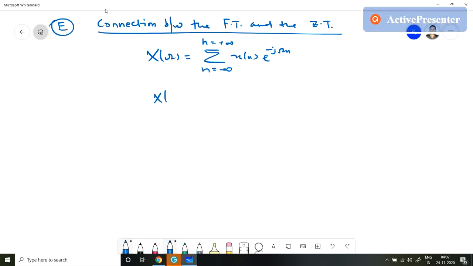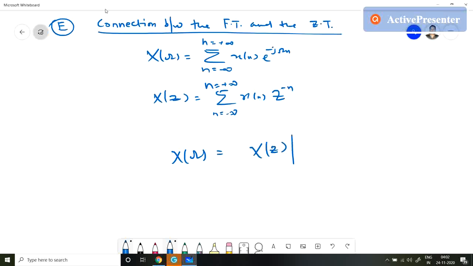The Z transform X(z) is the summation n equals minus infinity to plus infinity of x[n] z raised to the power minus n. X(Ω) is related to the Z transform X(z) when z is equal to e raised to the power jΩ. If we put z equal to e raised to the power jΩ, we get X(Ω).